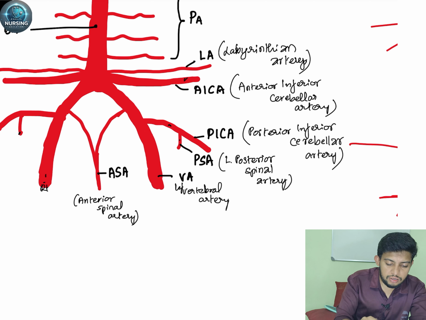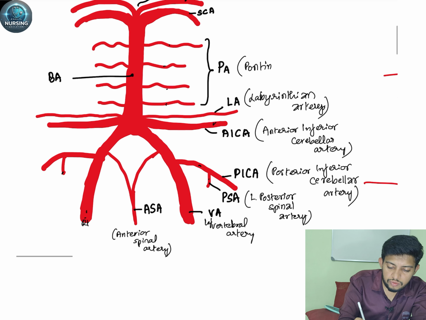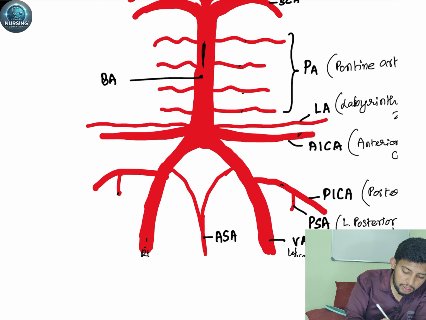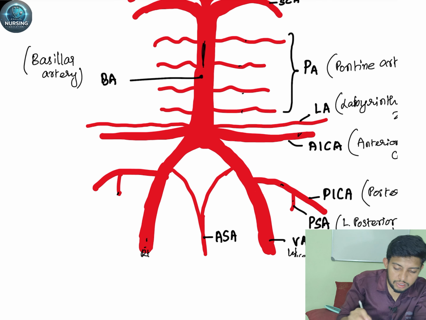Okay. Next, what are these things? These things will be called pontine arteries. Next, what is this? This one is the basilar artery. Clear?